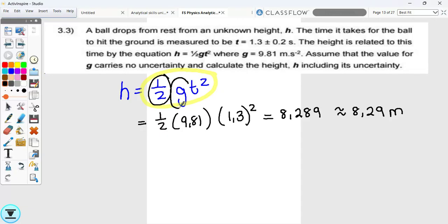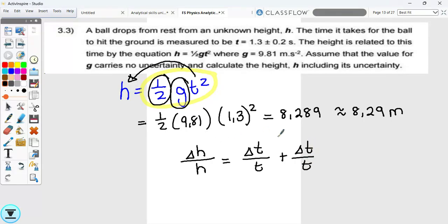They told us that G does not have an uncertainty in it, so we can ignore G. So the only thing that contributes to the uncertainty in H is the T. And we multiplied it, so the fractional uncertainty in H is going to be the fractional uncertainty in T. But because there's another T, it's going to be plus another fractional uncertainty in T.